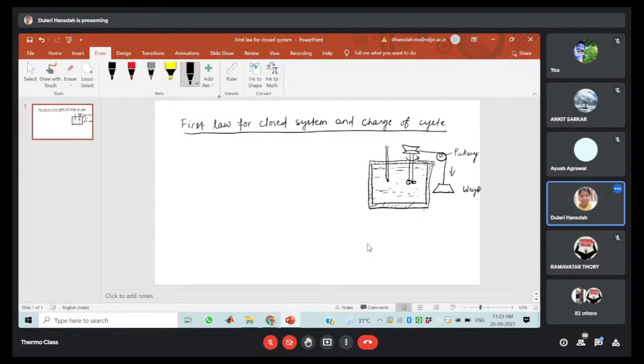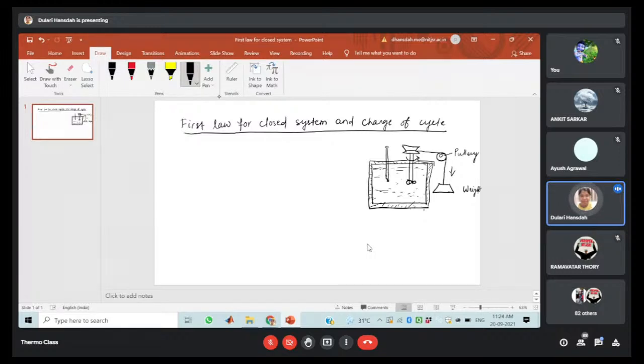Okay. So this is your paddle wheel arrangement. Here we are having the wheel, and this is your weight, and this one is a pulley arrangement. Suppose initially this vessel, this container vessel, is insulated or adiabatic type.